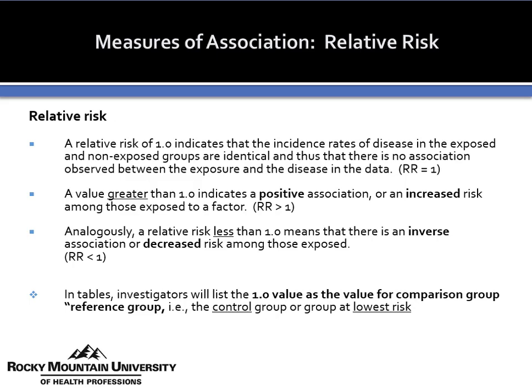If, on the other hand, and I've had this happen before, the relative risk is less than 1.0, then that means what you thought was a risk factor either was not a risk factor or actually maybe even had a protective effect to it. Let's say you're looking at a particular dietary strategy, and let's say you assume that the carnivore diet would put people at greater risk of heart disease, and you compared it to the Mediterranean diet, but turns out you find that the Mediterranean diet was actually worse.